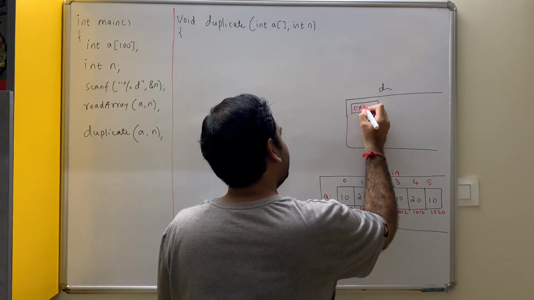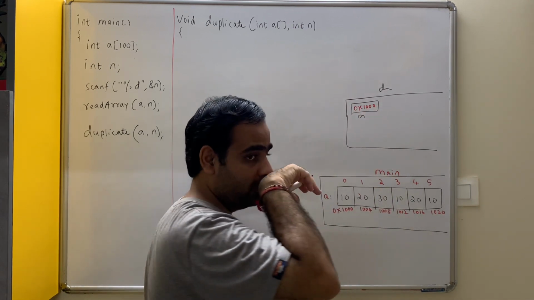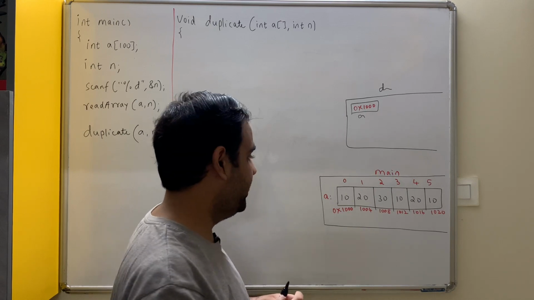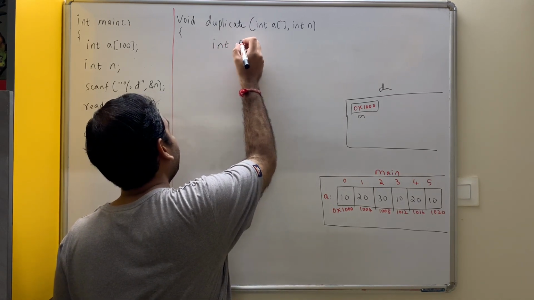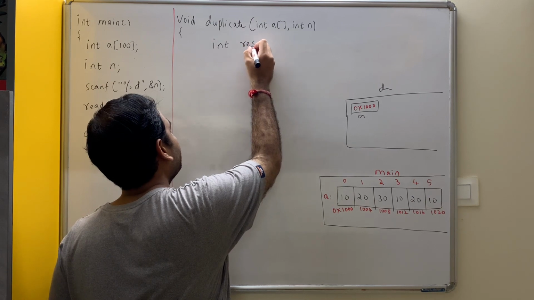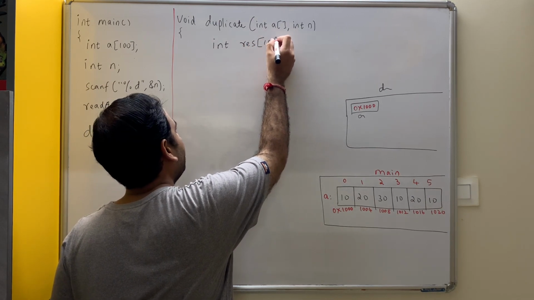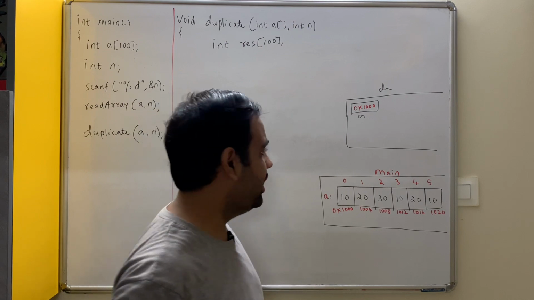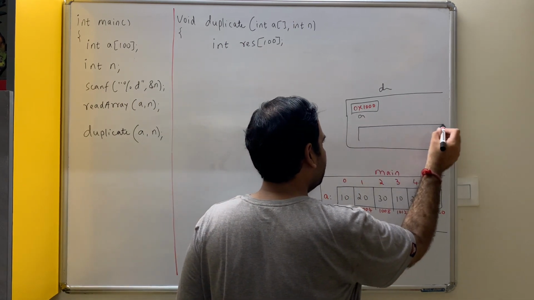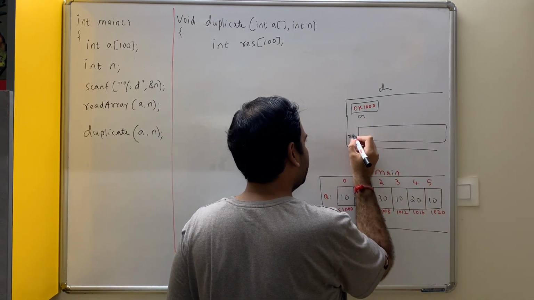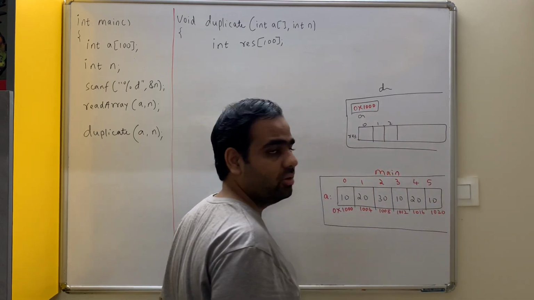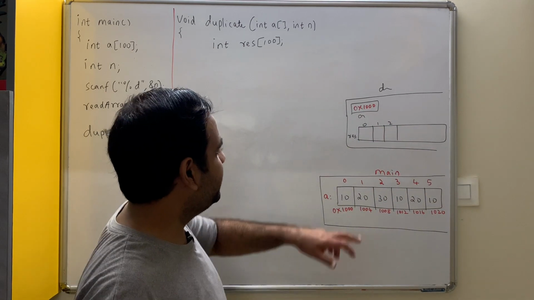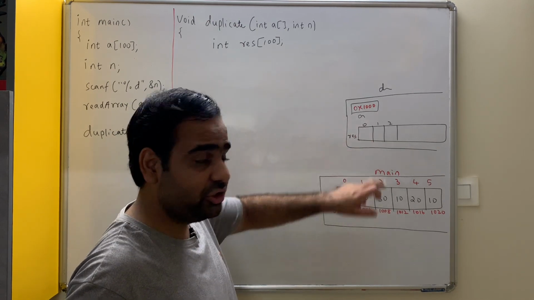And as I explained, we will store the answer in the resultant array. Therefore, let's take one resultant array, or I call it the duplicate array, whatever you call it, and I say resultant of 100. Now what will happen? An array called resultant will be created of 100 elements, 0, 1, 2 and so on. Now initially we have to write at index 0.